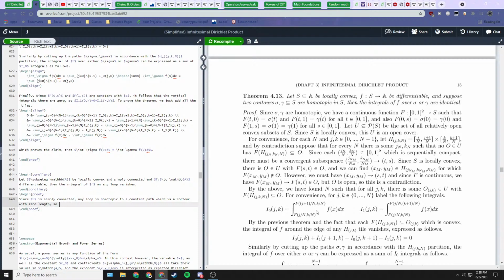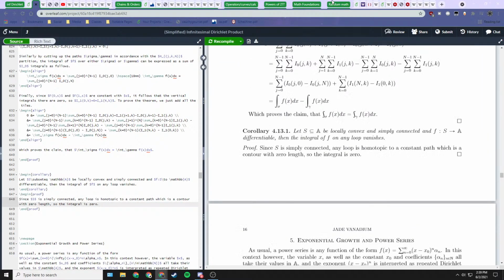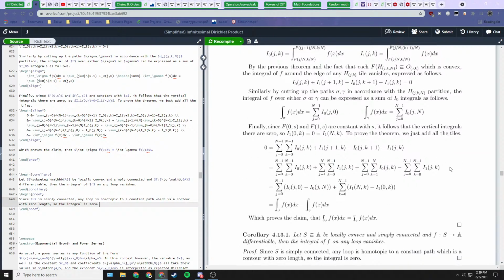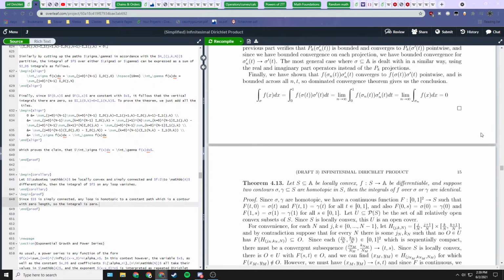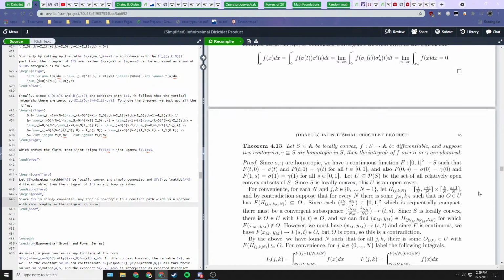So the integral is 0. And it's just a one-line, two-line proof. Pretty straightforward. Since S is simply connected, any loop is homotopic to a constant path, and constant paths are contours with 0 length. So the integral is 0. So pretty straightforward, pretty nice. That's very neat. It's actually so nice, I almost don't want to write more because I'll just make it worse.